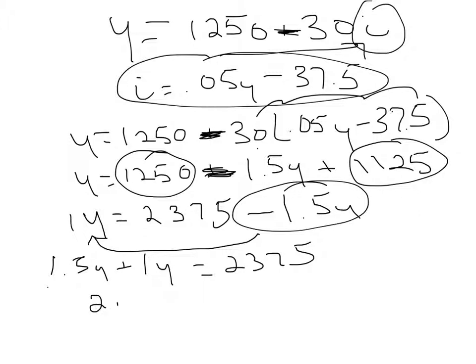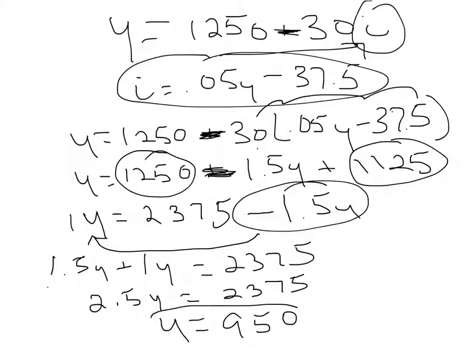I have 2.5Y equals 2375. I'm going to divide both sides by 2.5 so I can isolate my Y. And once I divide 2375 by 2.5, I end up with 950. This is what your equilibrium output is in both the goods and the financial markets.